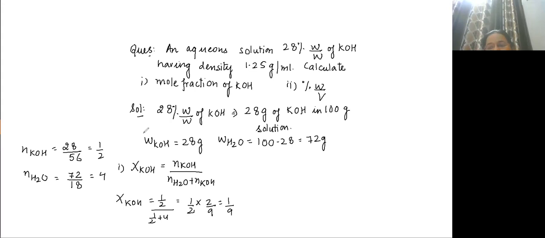Now, second, you have to find out percent weight by volume. What do you mean by percent weight by volume? It is weight of KOH divided by volume of solution into 100.